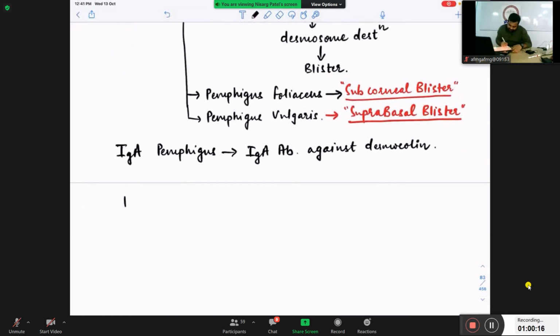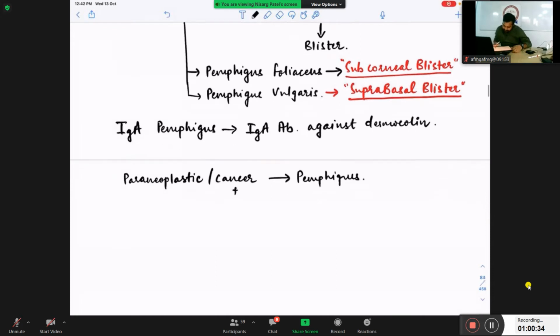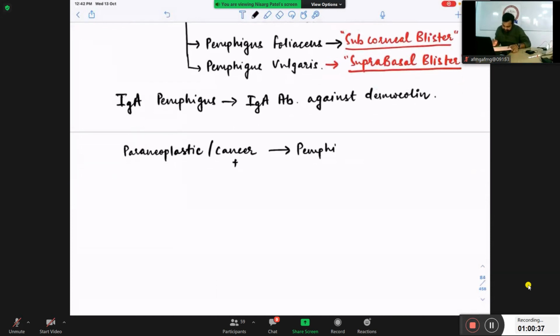And in the paraneoplastic condition, if the patient has any cancer present in the body and they develop pemphigus, the main protein which is destroyed is desmoplakin.